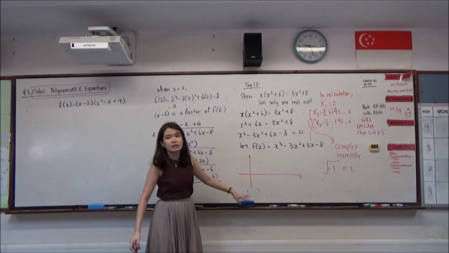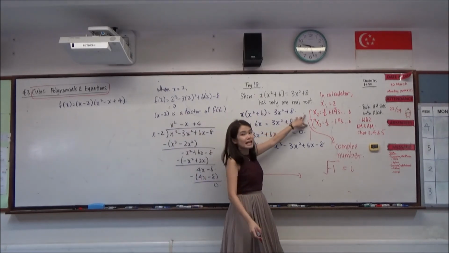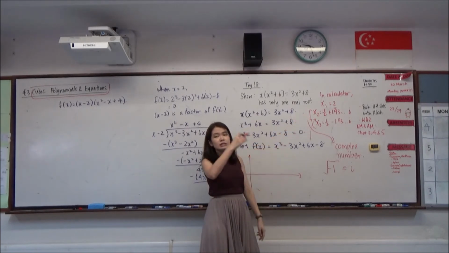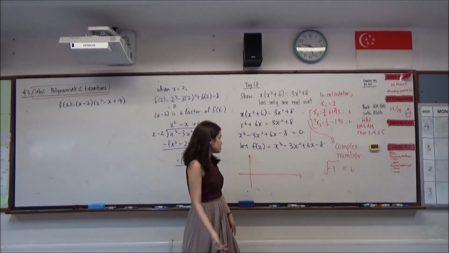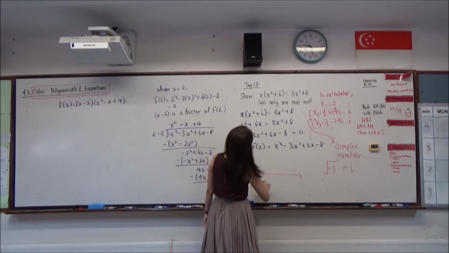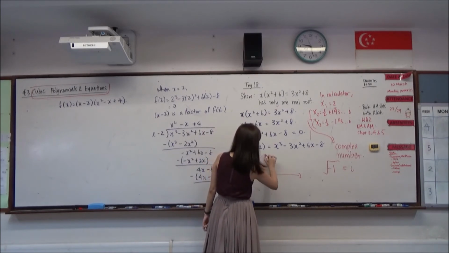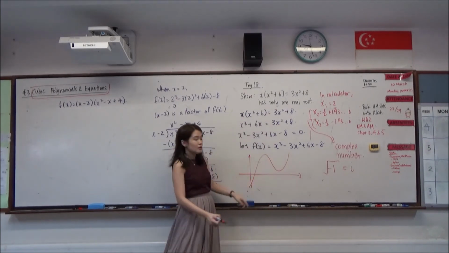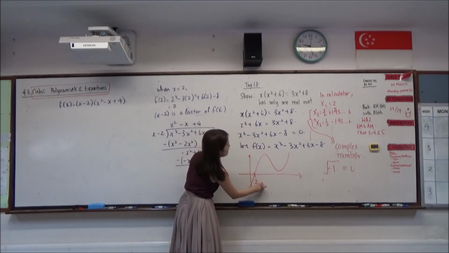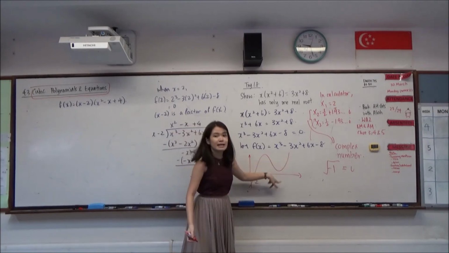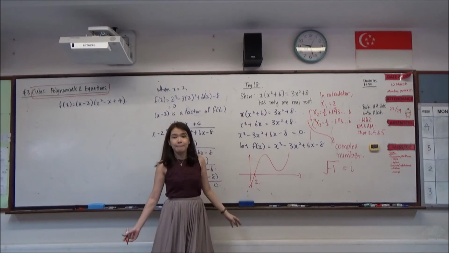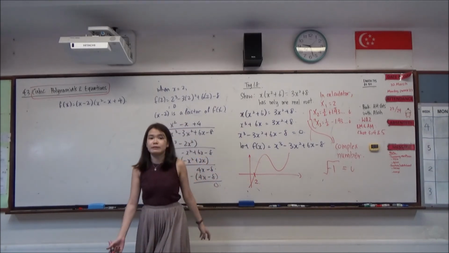There is no other intersection. Since we have already covered how cubic functions look like, this graph looks something like that, whereby there's only one intersection here at 2. This one doesn't meet the x-axis at all. So this is how the graph could possibly look like.